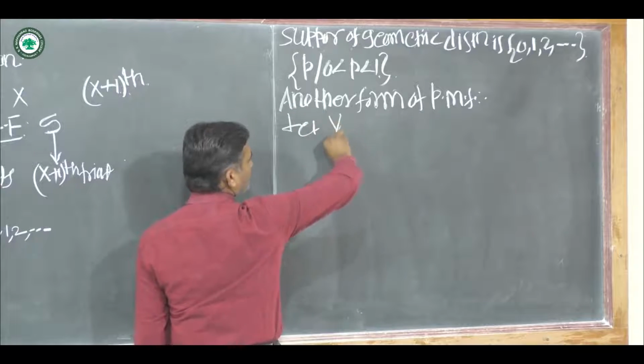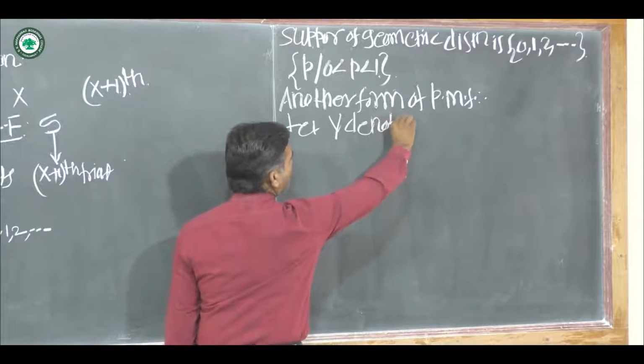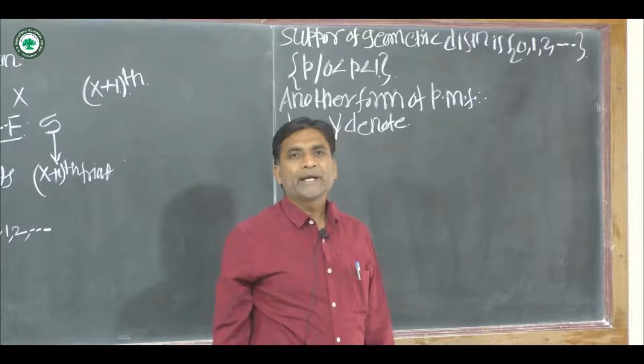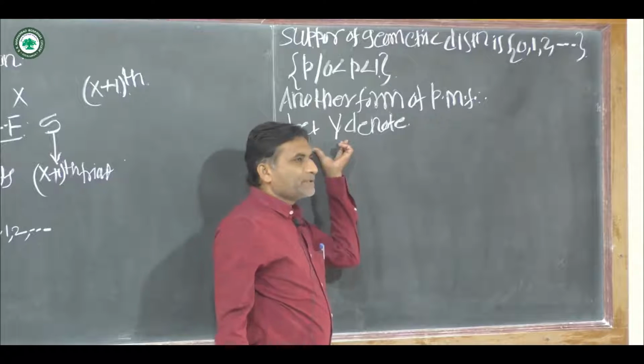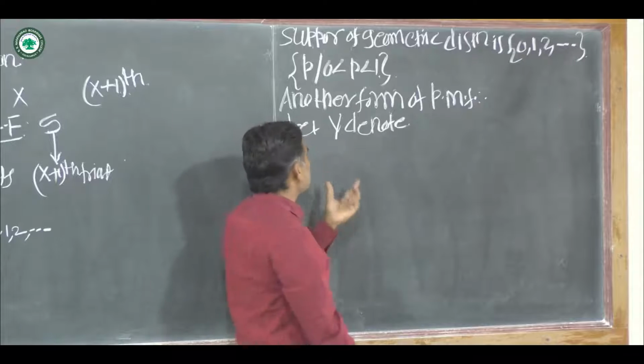Let Y denote the number of trials required to get the first success.